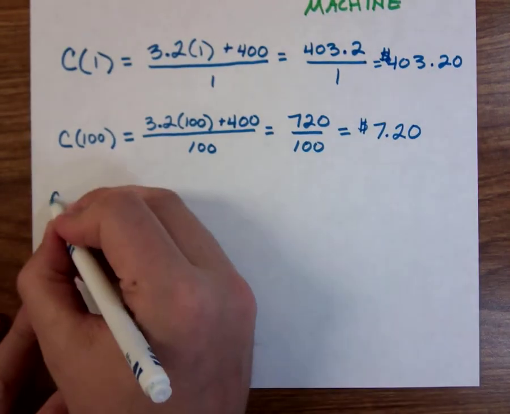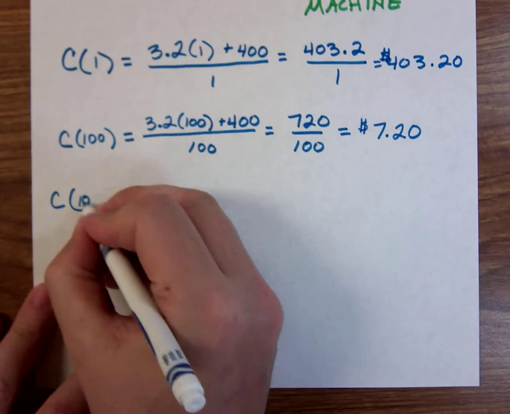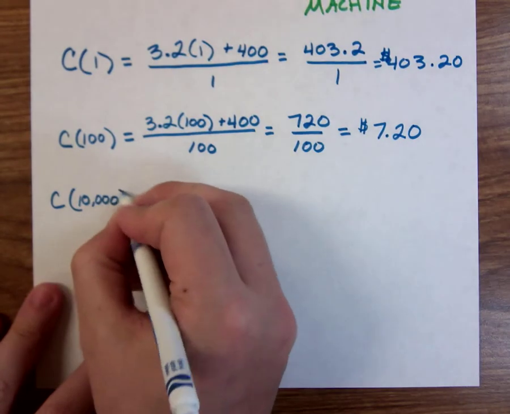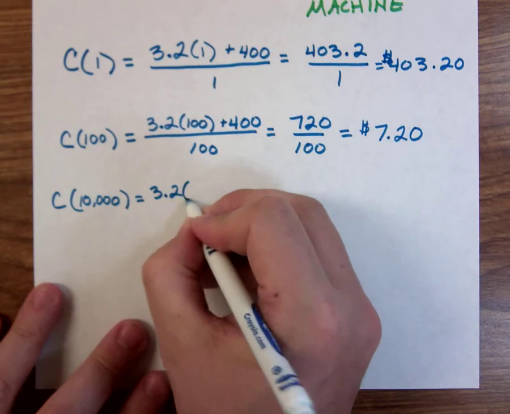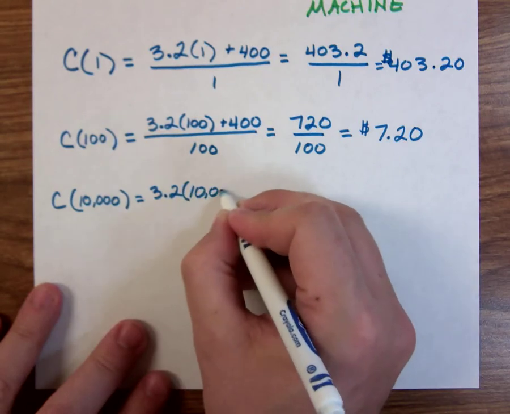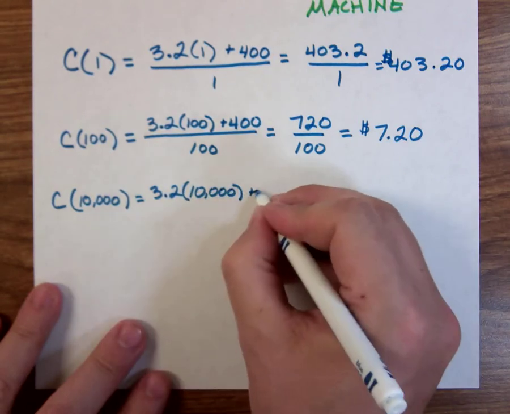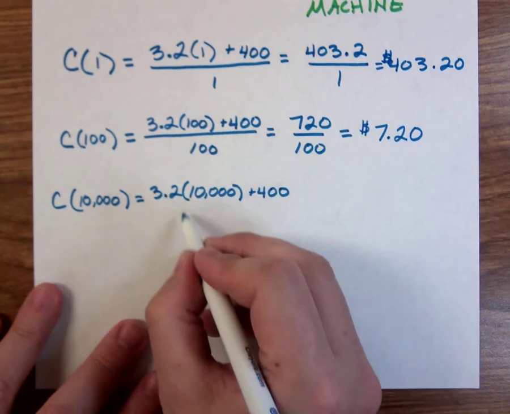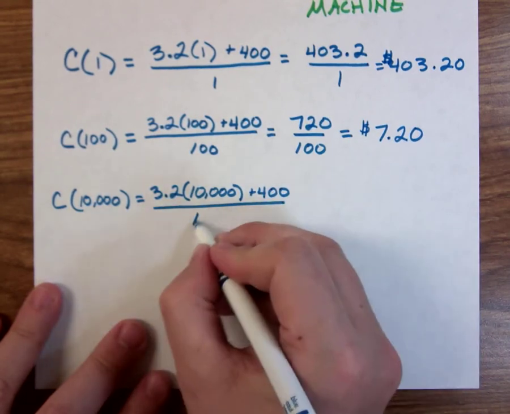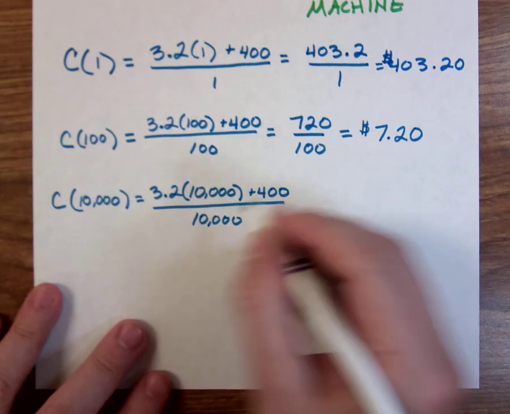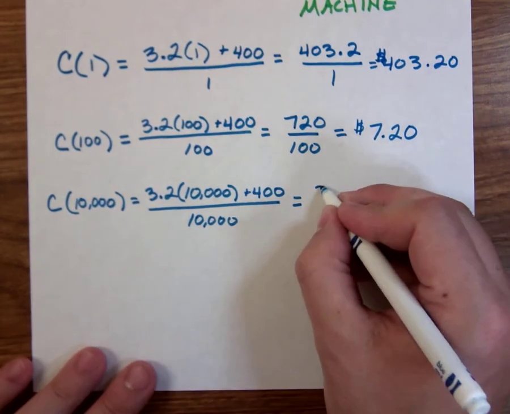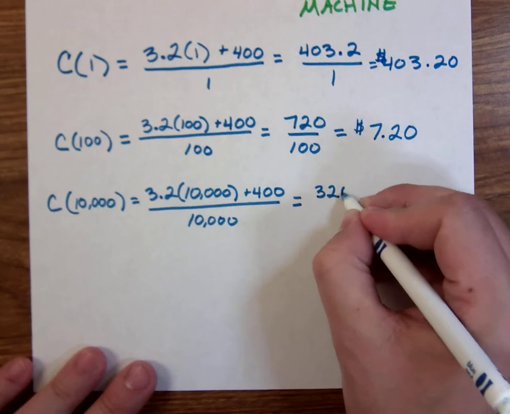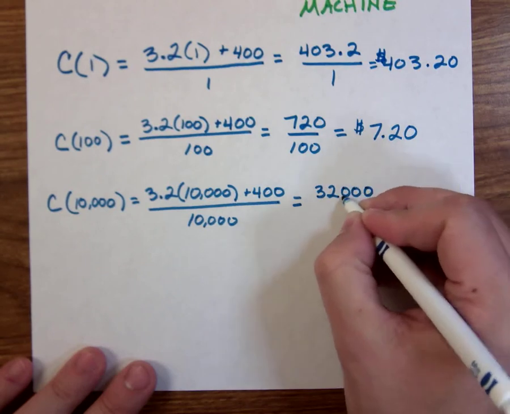My fan club is expanding to 10,000. Wow. I know 10,000's a little low. There's way more people that would be in my fan club than that, but we're just going to keep the number small so we can do the math. Now what's my cost per shirt? 3.2 times 10,000 is 32,000.